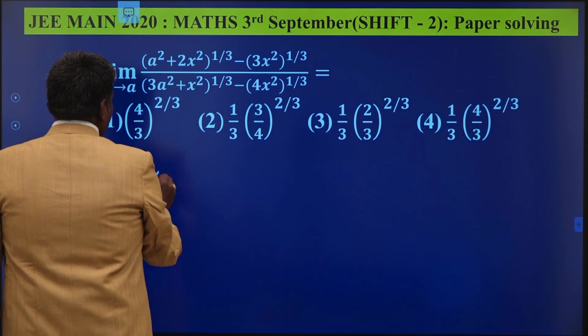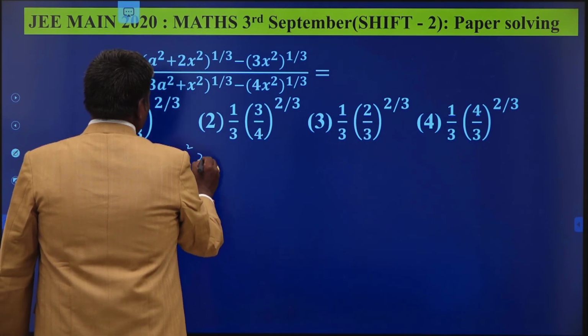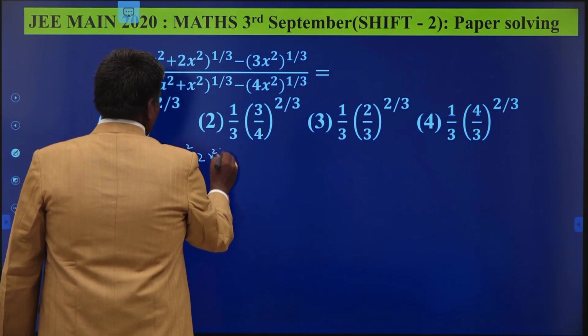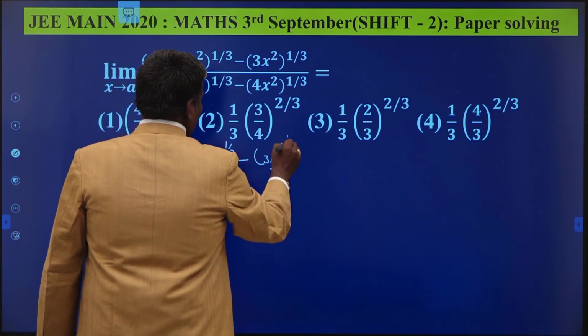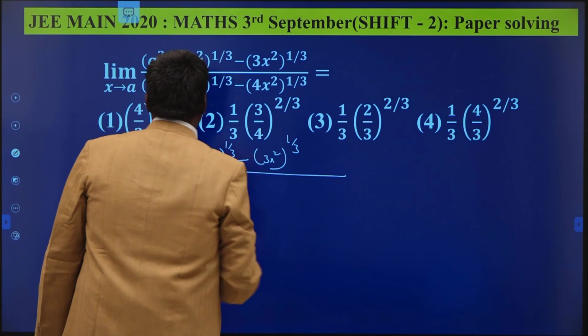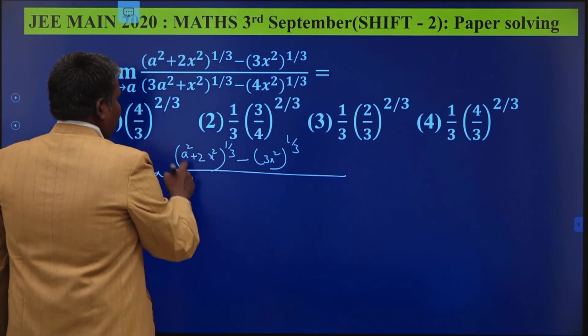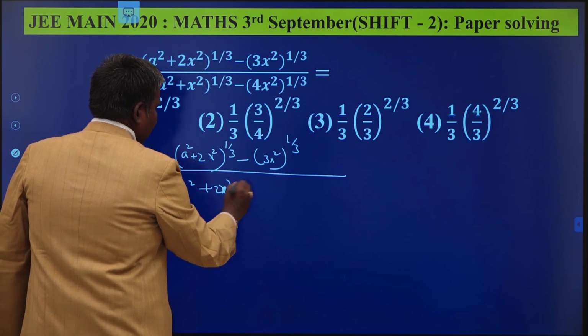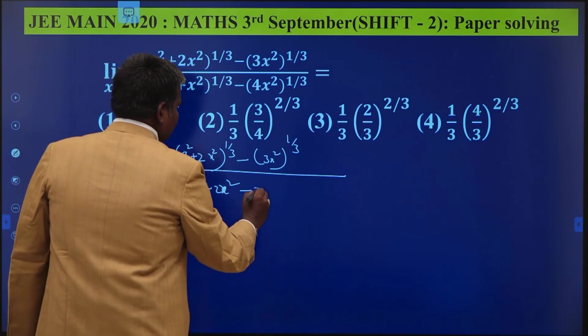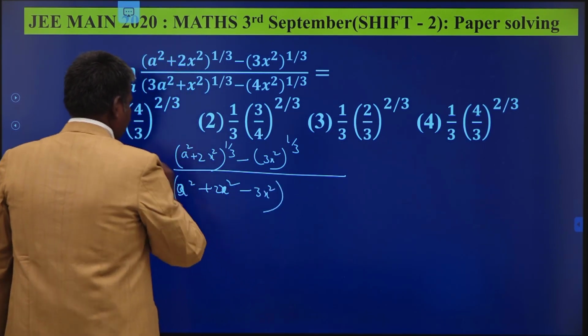Limit x tends to a of (a square plus 2x square) whole to the power of 1 by 3 minus (3x square) whole to the power of 1 by 3, whole divided by, I am writing, a square plus 2x square minus 3x square.